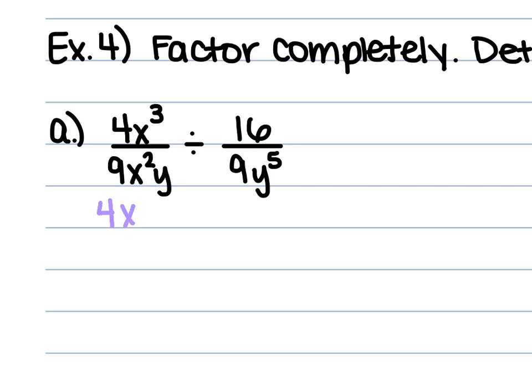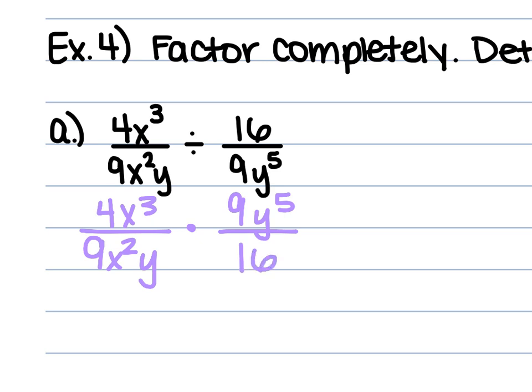This is going to be 4x cubed over 9x squared y times 9y to the fifth over 16. You could from here tell me what x is not equal to or y is not equal to. So x squared cannot equal 0. So x is not going to equal 0. And then just y cannot equal 0.